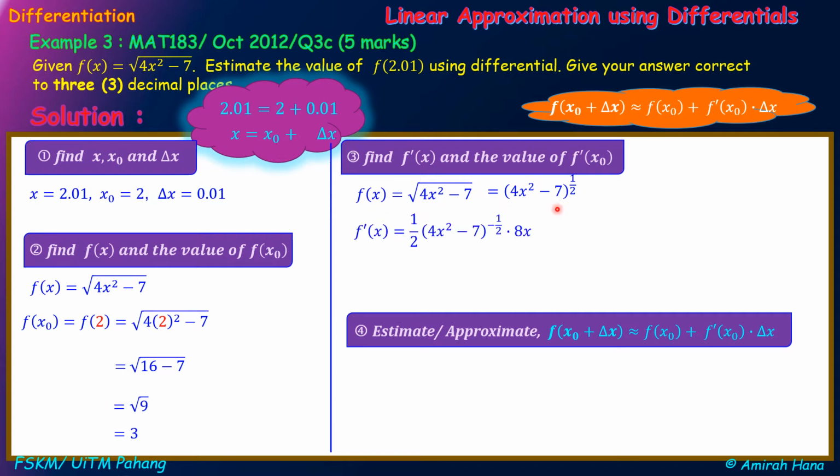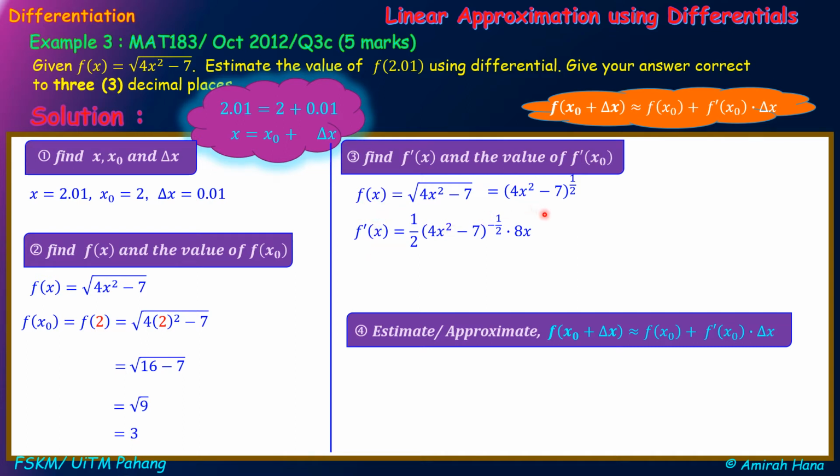After that, we can differentiate. Every time we have a bracket to the power of a fraction, a negative value or a big exponent, we can differentiate using the generalized power rule. When we differentiate f(x), the symbol should be f prime(x).